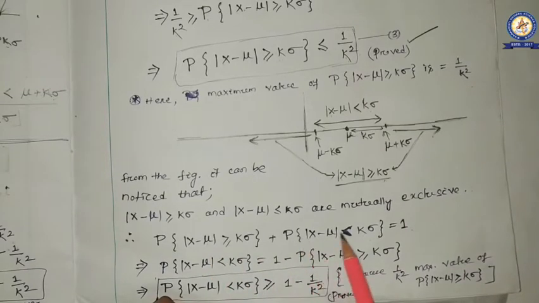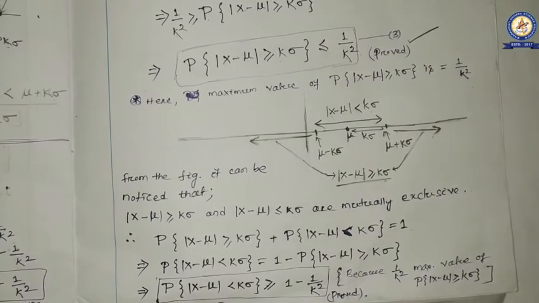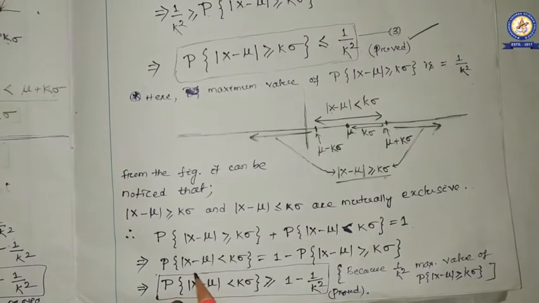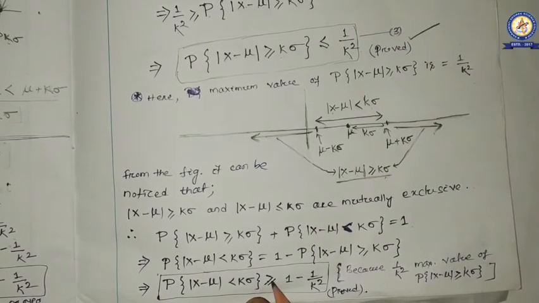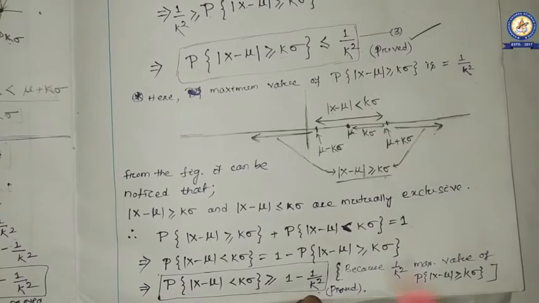So the probability of mod x minus mu less than k sigma equals 1 minus the probability of mod x minus mu greater than or equal to k sigma, right? So that implies we can write this one, the probability of this one is greater than or equal to 1 minus 1 by k square.